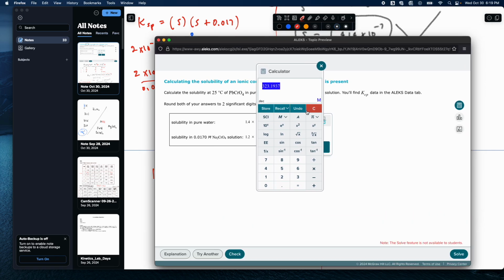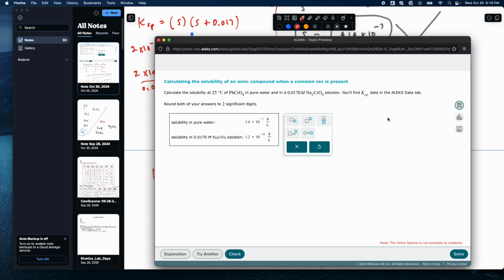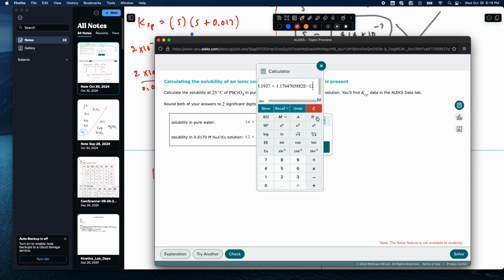This is clumsy, isn't it? Sorry. Times that other number. 3.8 times 10 to the minus 10. 3.8 times 10 to the minus 10.